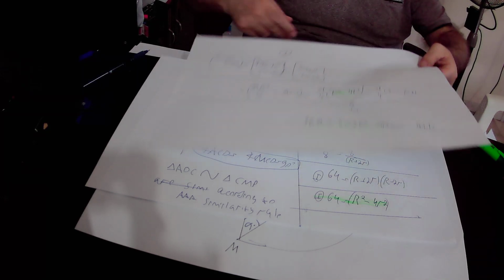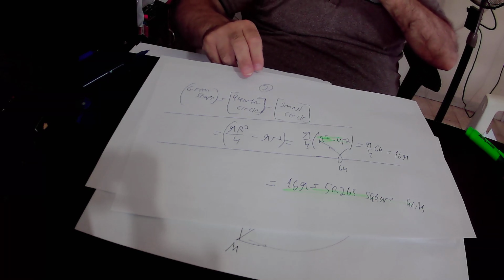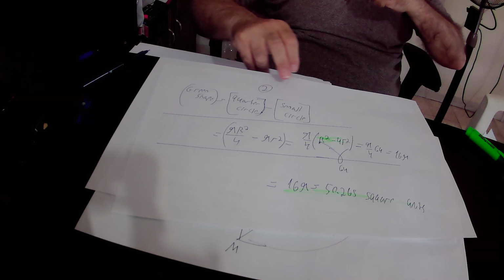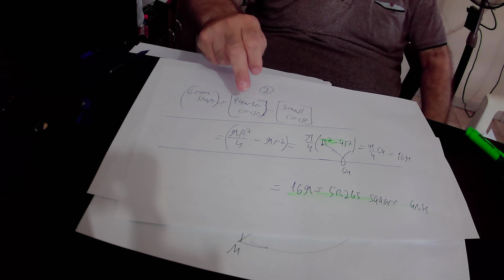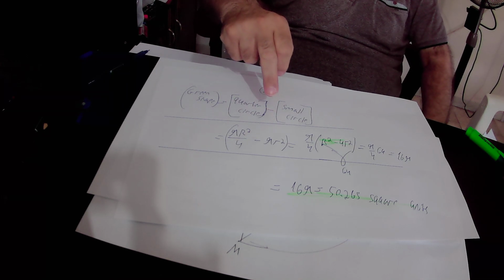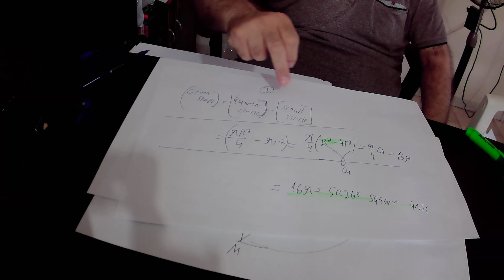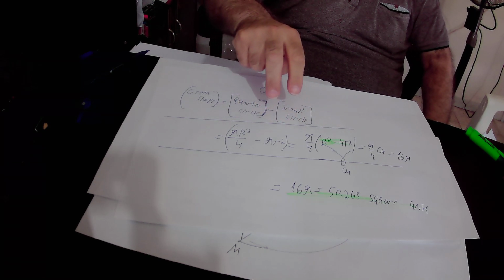And what is the area of the green shape? The area of the green shape equals the area of the quarter circle minus the area of the small circle. The area of the quarter circle equals pi times capital R squared over 4, and the area of the small circle equals pi r squared. Here we took pi over 4 as a common factor out of those two expressions.